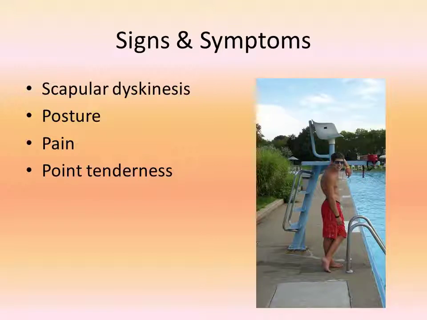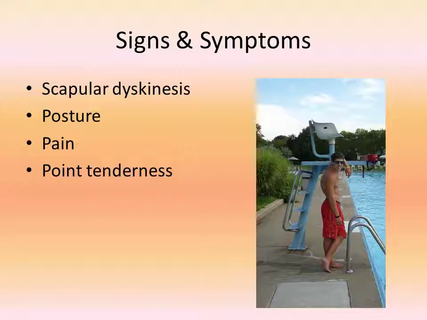Signs and symptoms include deep anterior shoulder pain, localized pain over the supraspinatus tendon insertion, localized point tenderness over the anterior acromion, localized point tenderness over the long head of the biceps in the bicipital groove. Usually those are going to occur during activity in the impingement position.